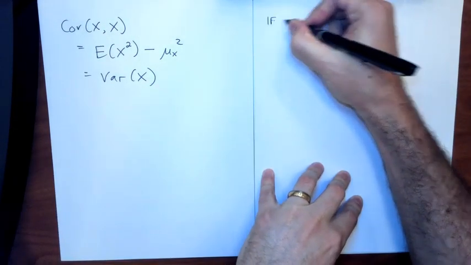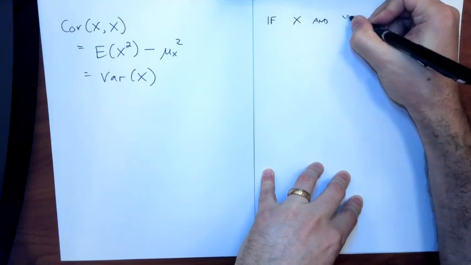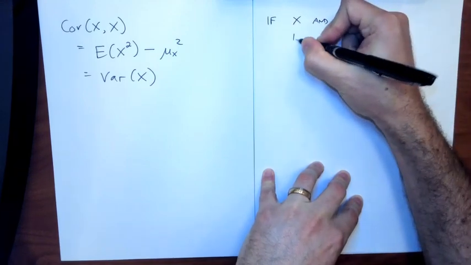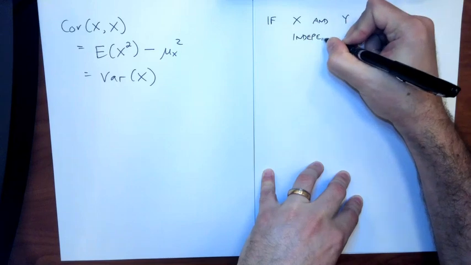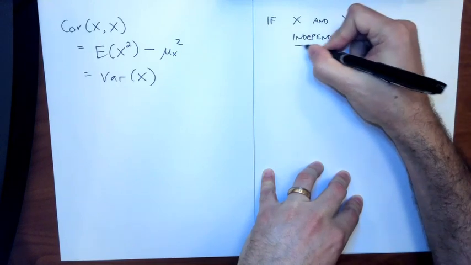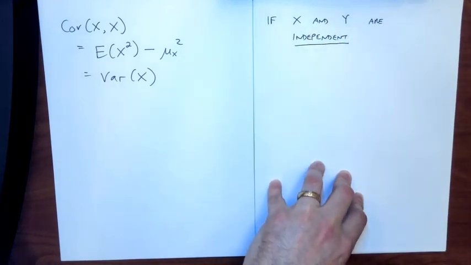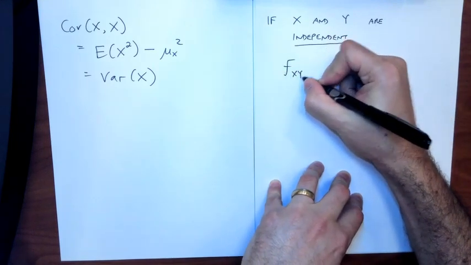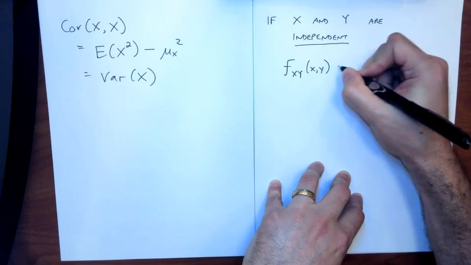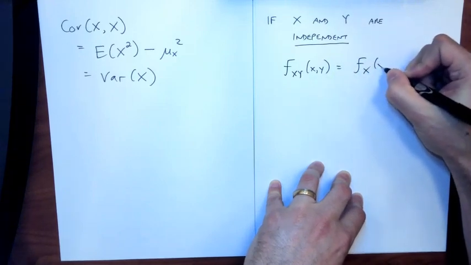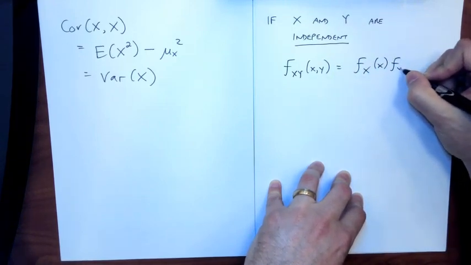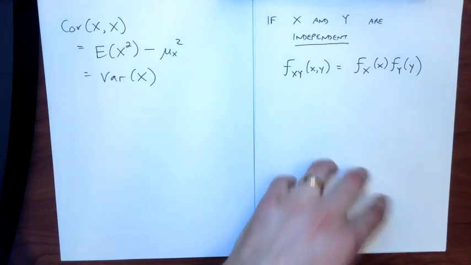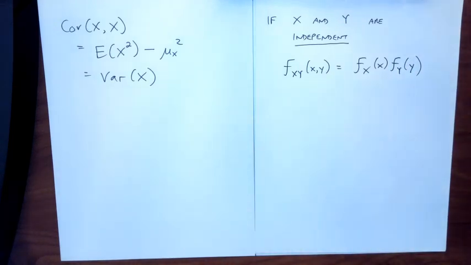So if x and y are independent, what did we talk about last time? We learned that the PDF for independent random variables splits into an x part and a y part, right? Basically, the joint PDF is the product of the two marginals.